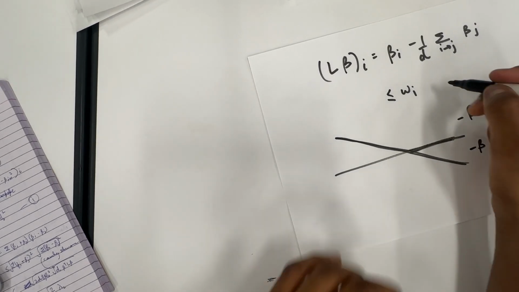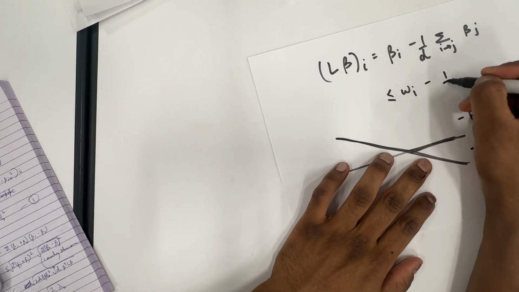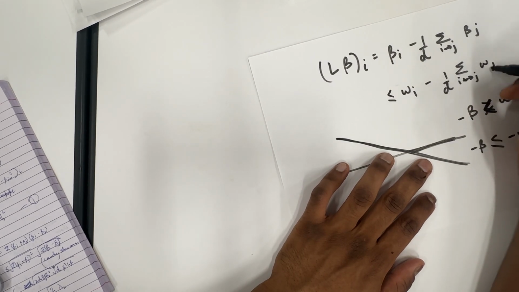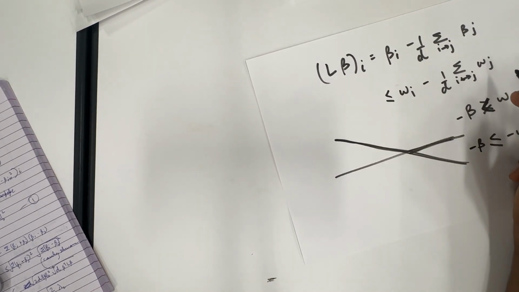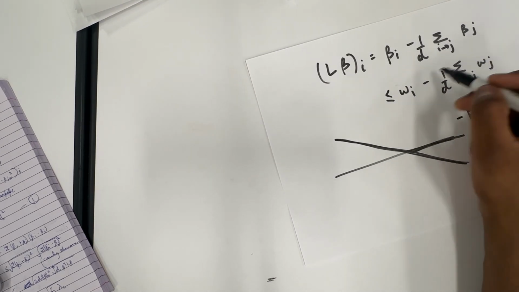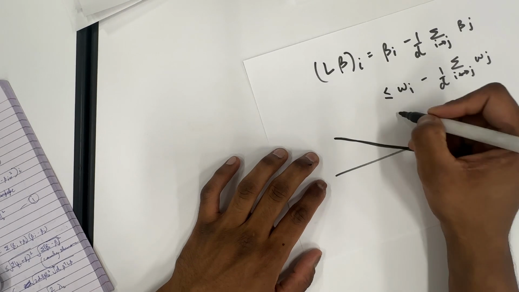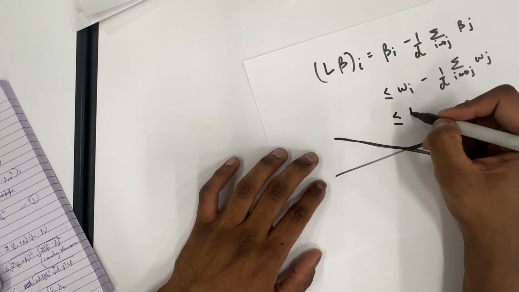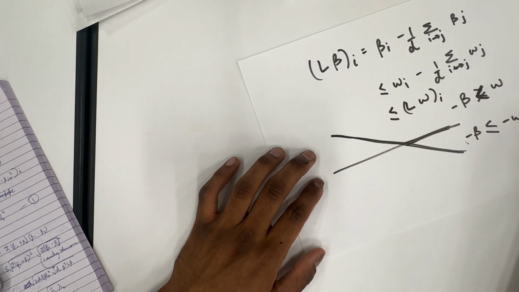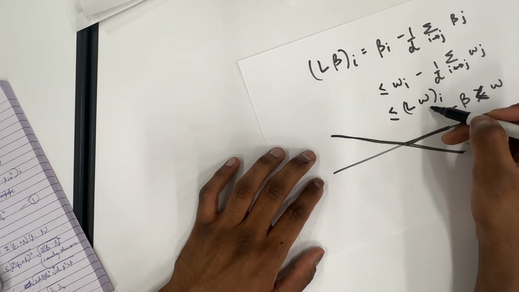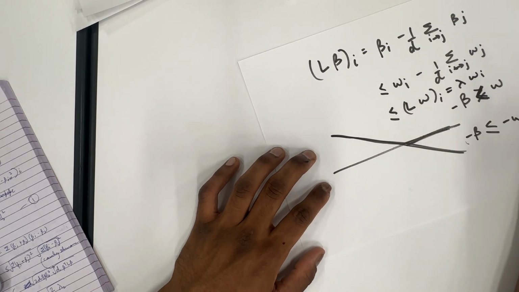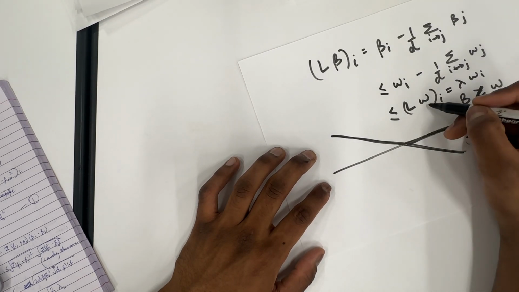So this number is always less than or equal to minus 1 over d sum of w j, because w j could be a negative number, and the negative of that negative number makes it bigger. And this is just L times w at i, and L times w at i is the same as lambda times w at i, right? Because this is the eigenvector.